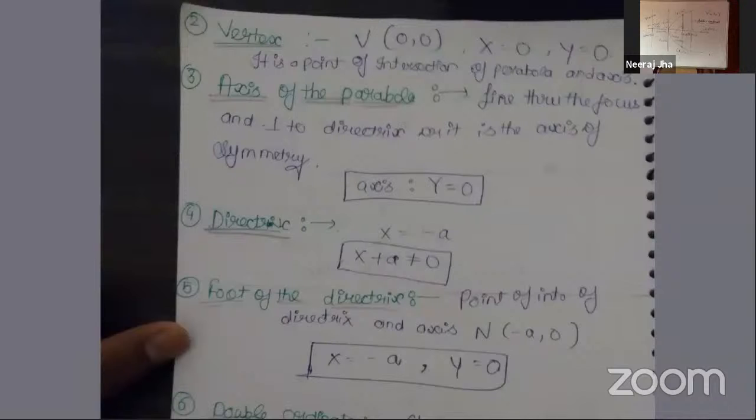All right. Then what is the double ordinate? Chords which are perpendicular to the axis, double ordinate. Okay. Latus rectum. Sir, latus rectum is the double ordinate that passes through the focus. What is length of the latus rectum or ends of the latus rectum? You can easily see from this, a comma 2a and a comma minus 2a. Ends of the latus rectum is this.